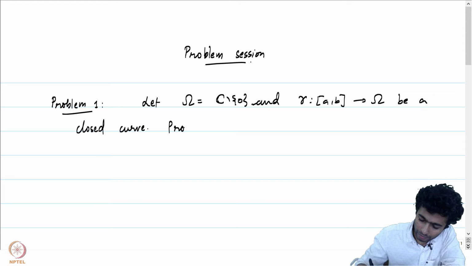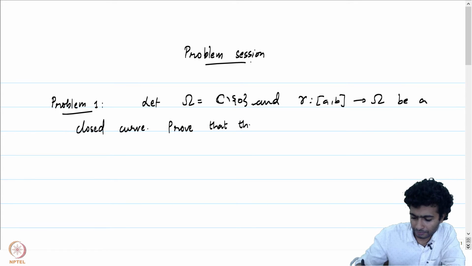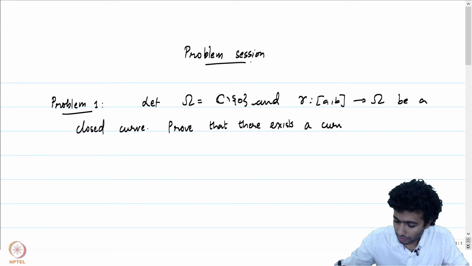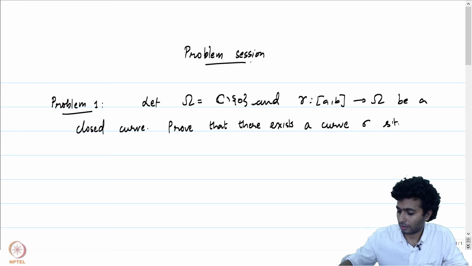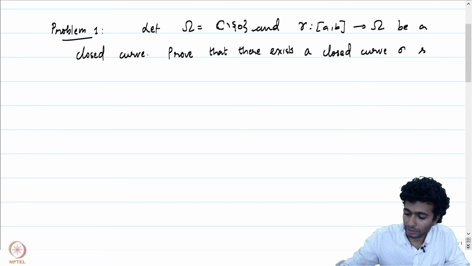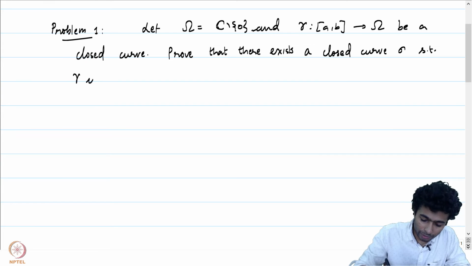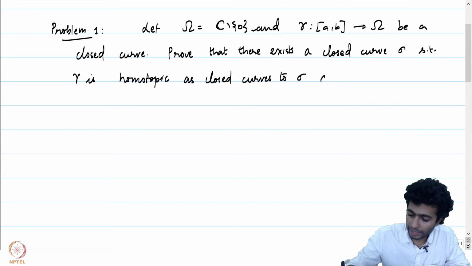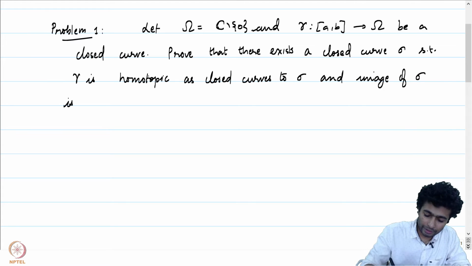Prove that there exists a closed curve sigma such that gamma is homotopic as closed curves to sigma, and the image of sigma is contained in S1.